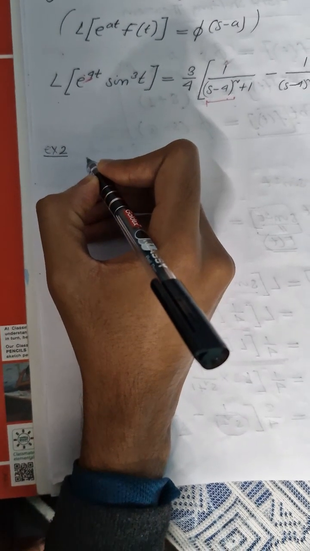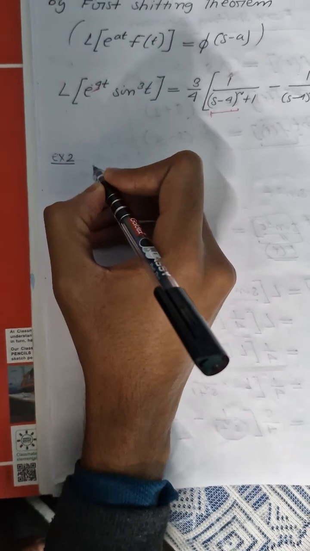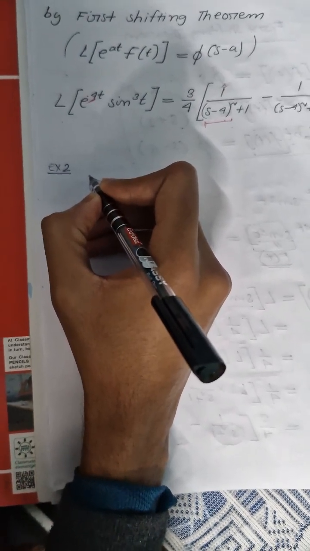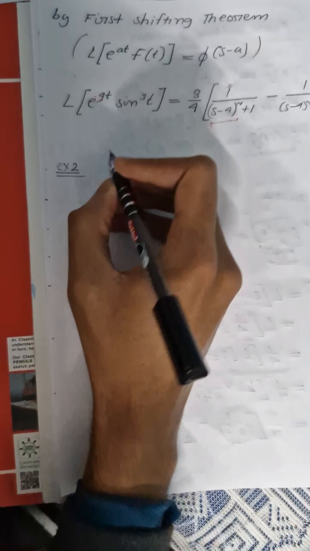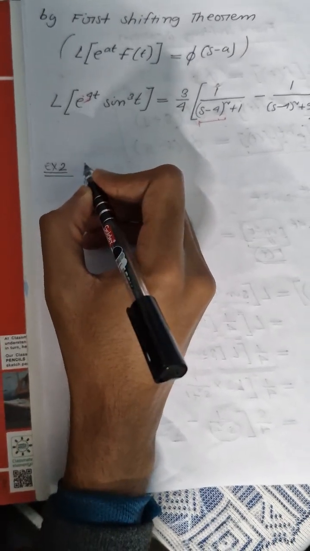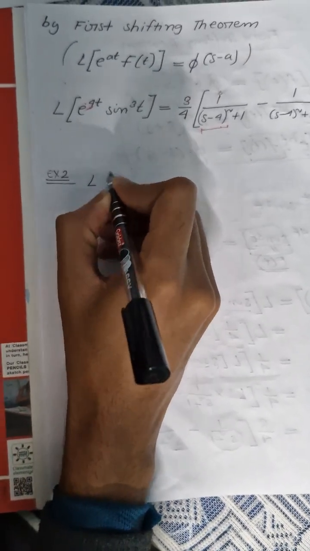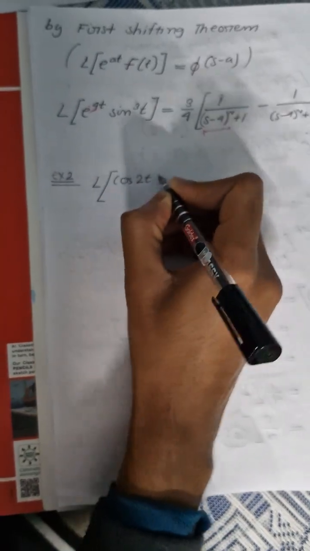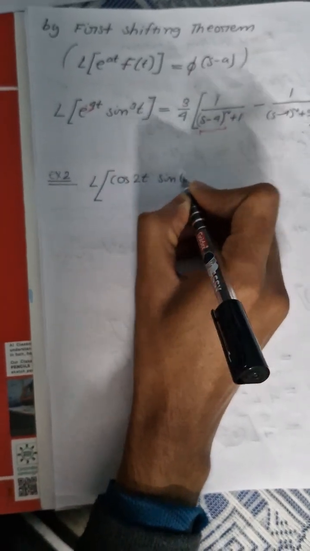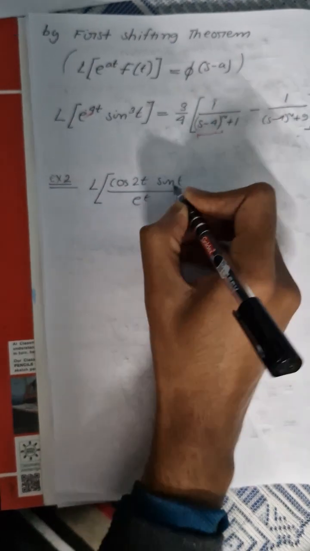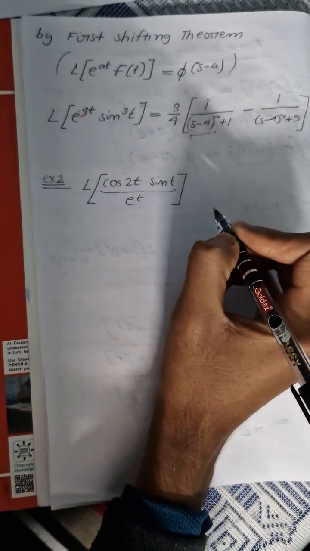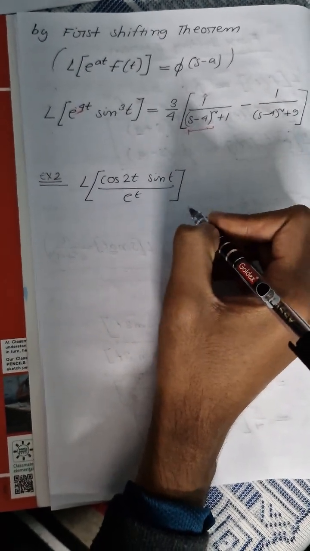Now to explain the definition a little better, let's take another example, example 2: Laplace of cos 2t sine t by e to the power t, and let's try to solve this with the first shifting theorem.